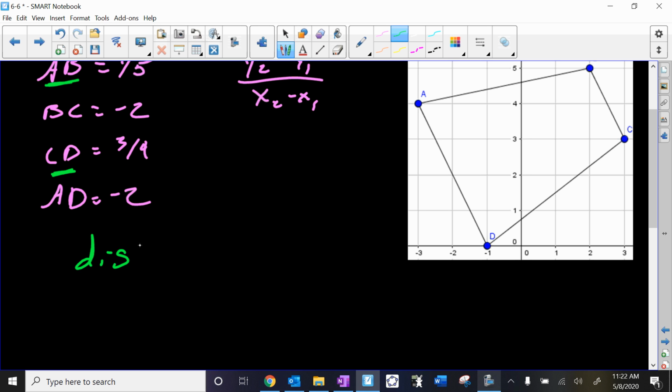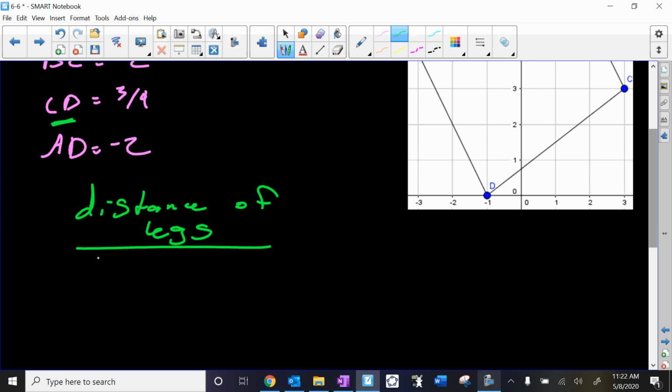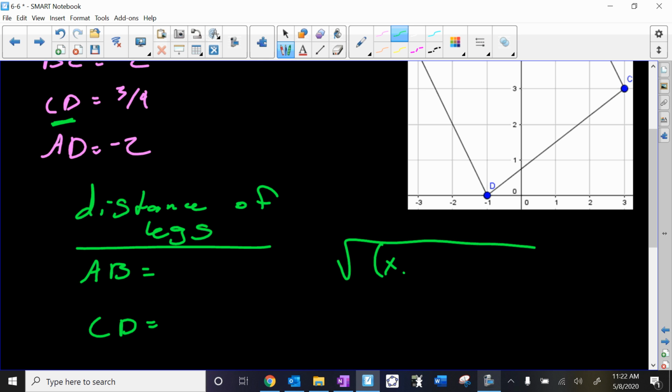So I'm going to put down here distance of legs, which are going to be AB and CD. Again, your distance formula, this one, x2 minus x1 and y2 minus y1 squared.